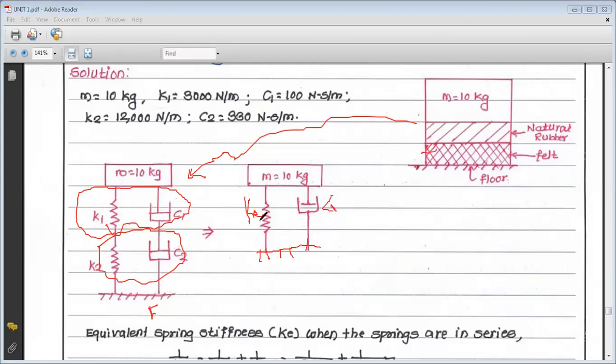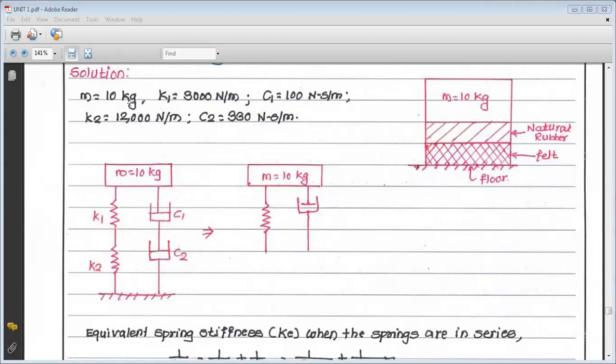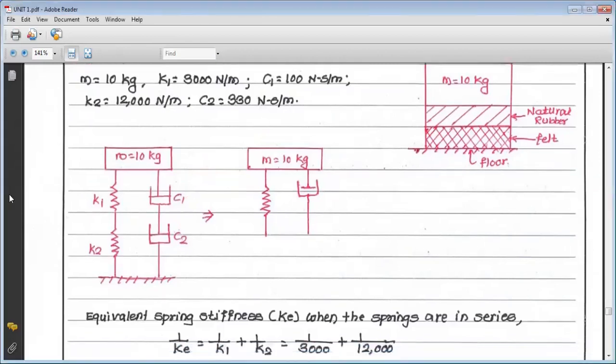Now to find the equivalent stiffness Ke, the two stiffnesses K1 and K2 are in series. Similarly, to find the damping coefficient Ce, C1 and C2 are in series. So we first find the equivalent stiffness and equivalent damping coefficient.